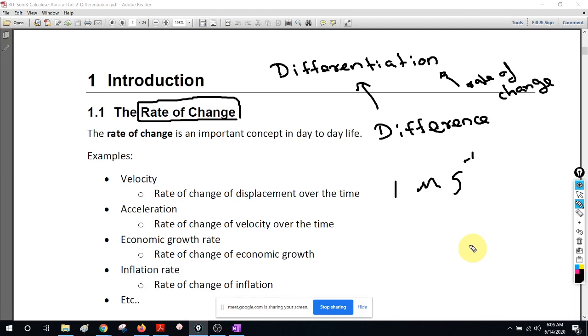If the economic growth is negative, it's not a growth, it's shrinking. If the economic growth is zero, we are neither growing nor shrinking. That is very important not only in engineering, but even in economics and business. In almost all areas, this concept of rate of change is of real interest.